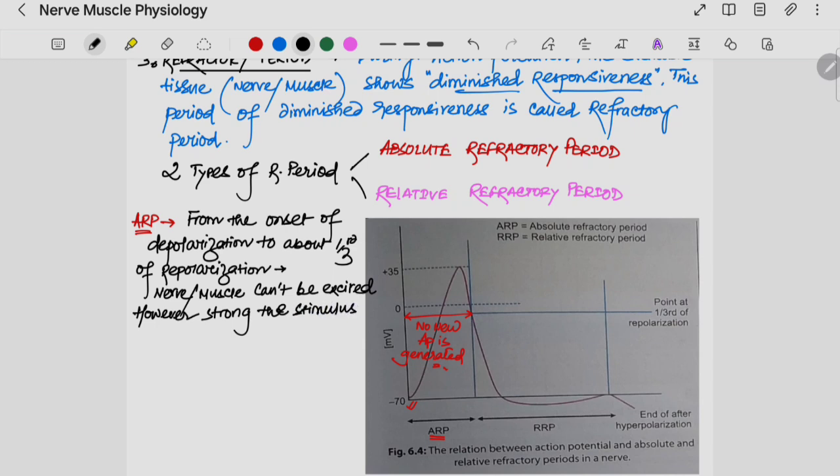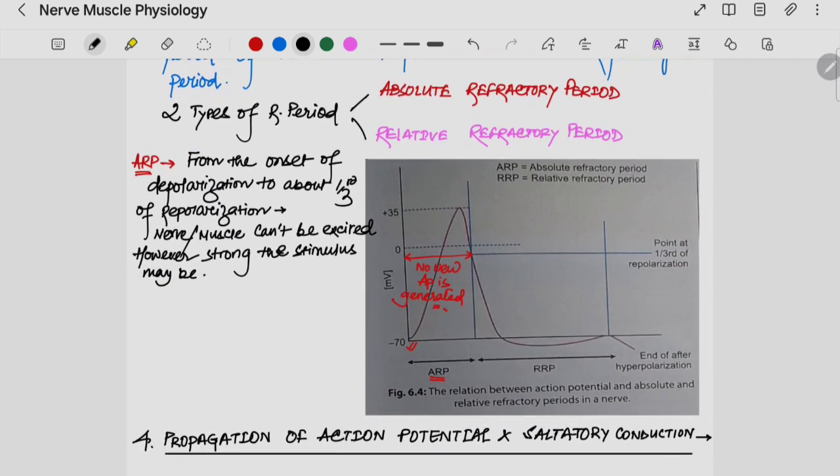So this period is known as absolute refractory period.